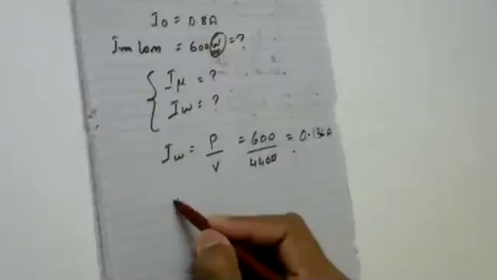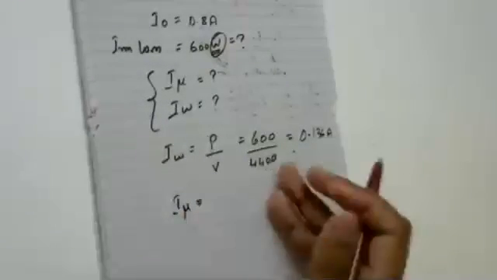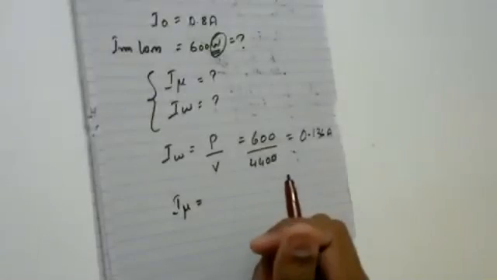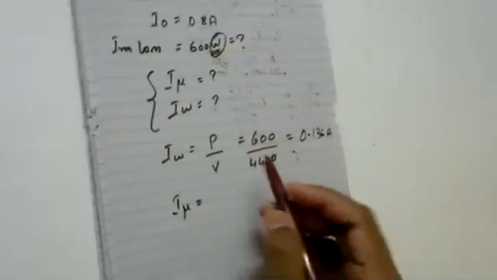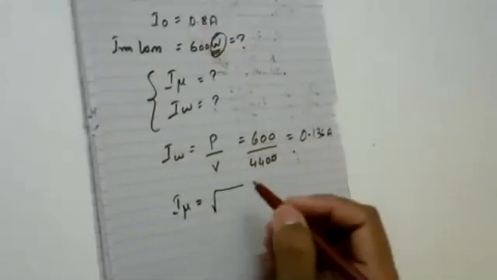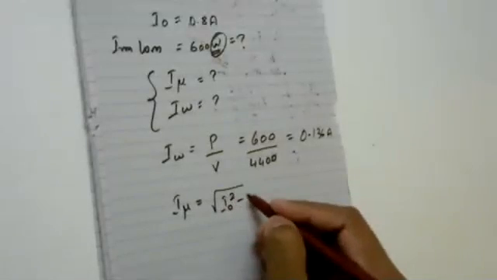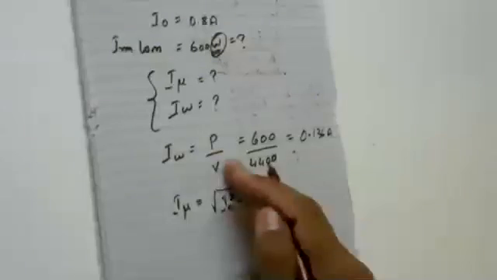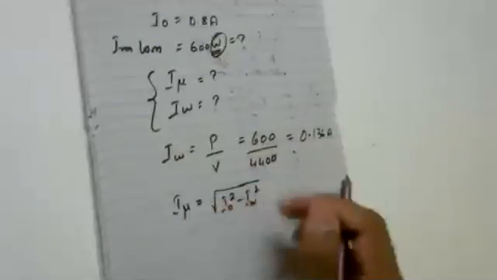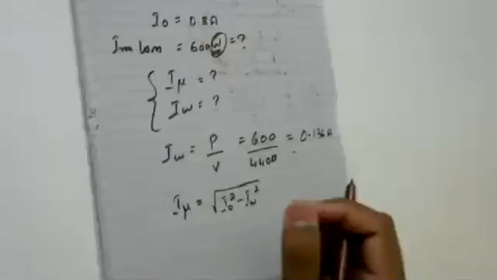Then I need to compute the value of I mu. During our theoretical interaction, we defined the equation for I mu. The equation is I naught equals square root of I mu square plus IW square.